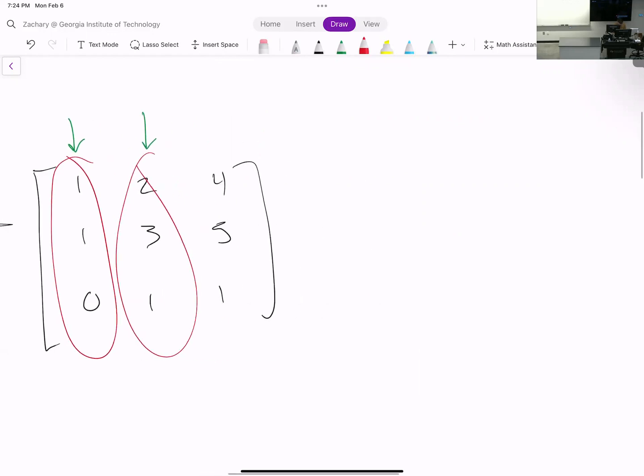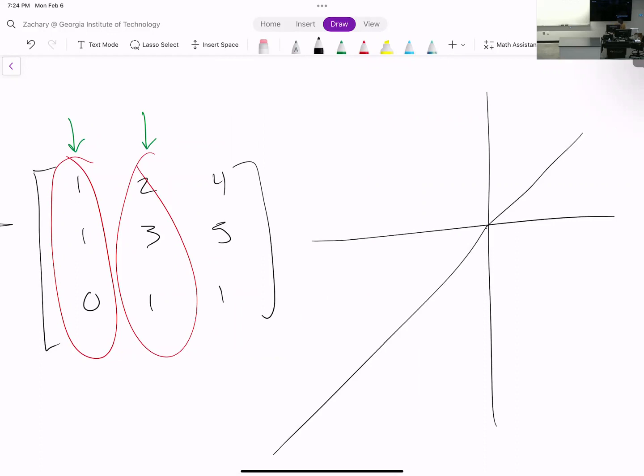All right. So when we plot these in 3D, x, y, z, we have (1, 1, 0). So this first vector looks like this. That's not on the z, that's exactly on the xy plane.